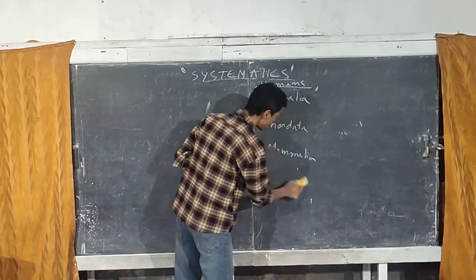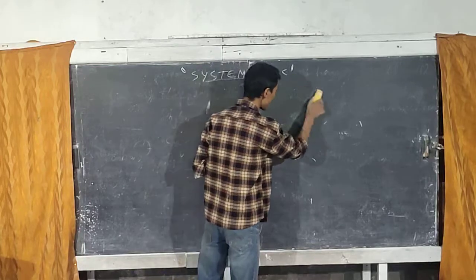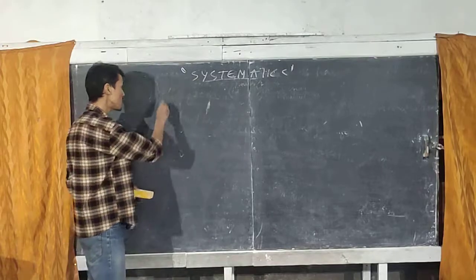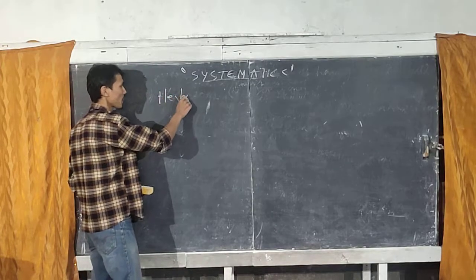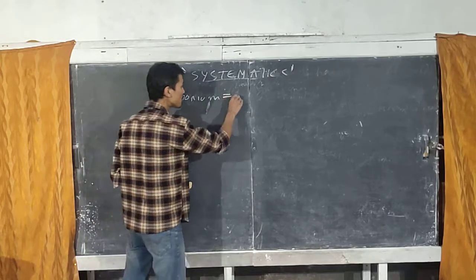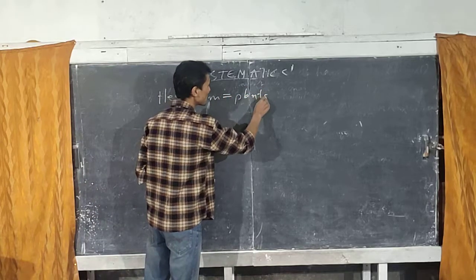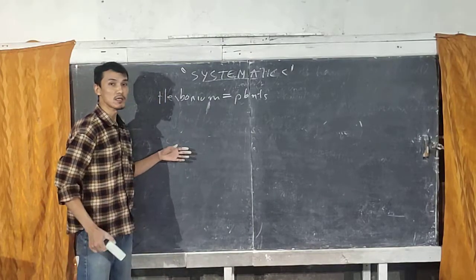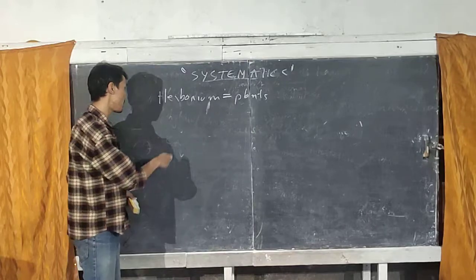Now, in order to study identification better, there are various tools for identification. One of the most common methods is the herbarium. Herbarium is basically used for plants. What they do is they collect plants from the field, identify them, dry them and put them on a piece of paper.